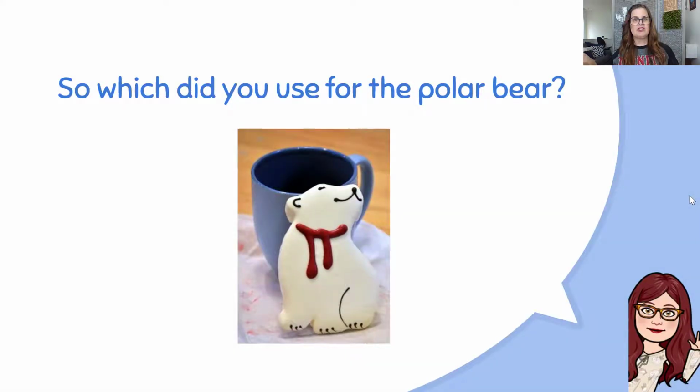Which did you use for the polar bear in determining what you see there? Are you using bottom-up processing or top-down processing? I don't know. It could depend. Some of you are going to say you see a polar bear, and that maybe this is a holiday bear.